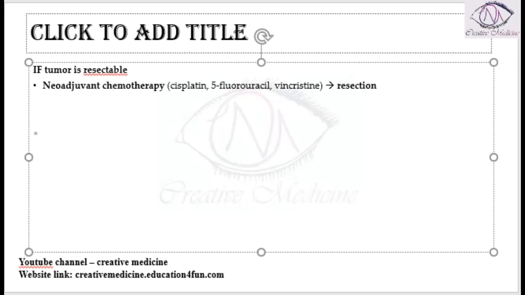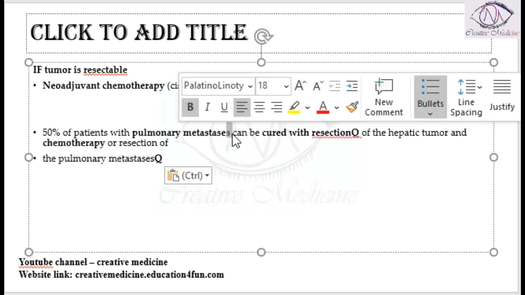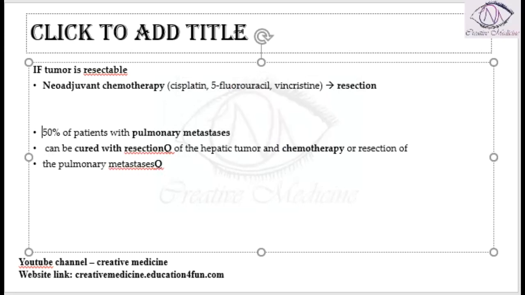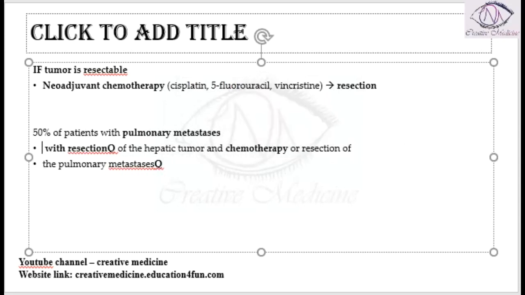Now in hepatoblastoma, 50% of patients will have pulmonary metastasis. Almost 50% of patients with pulmonary metastasis are actually treated with resection of the hepatic tumor.